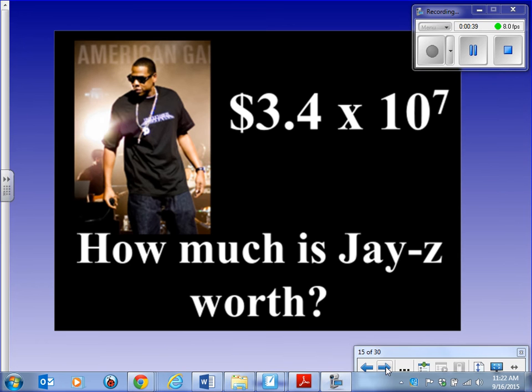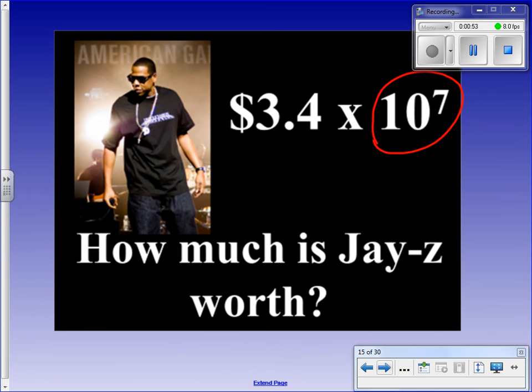Let's take a look here at JZ. This is how much JZ is worth, 3.4 times 10 to the 7th power. Now what I want to do is take a look at this number and talk about what we already know. We've already learned our powers of 10, right? So what is 10 to the 7th power? We learned that the pattern for tens is that you have as many zeros as the exponent.